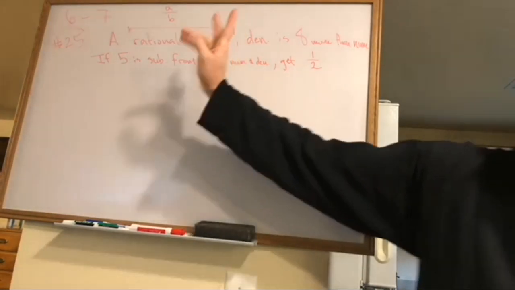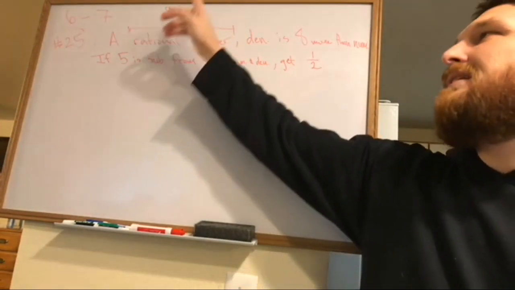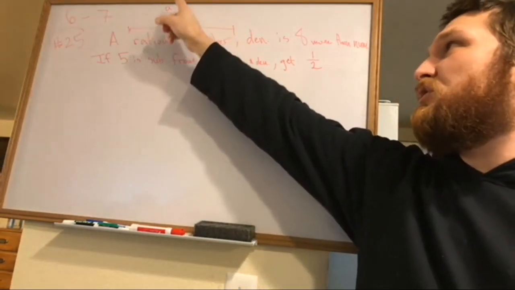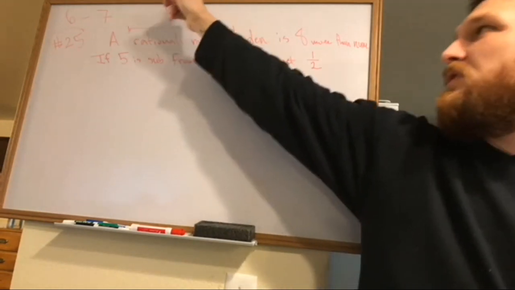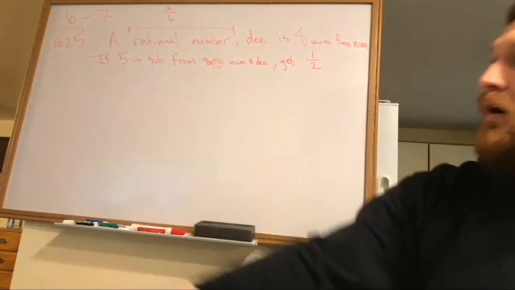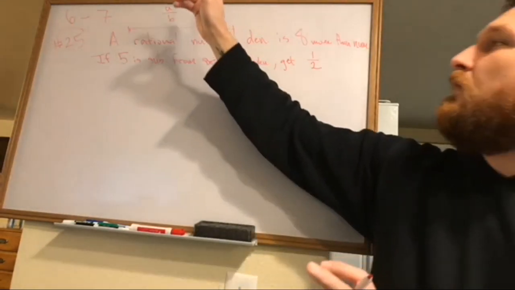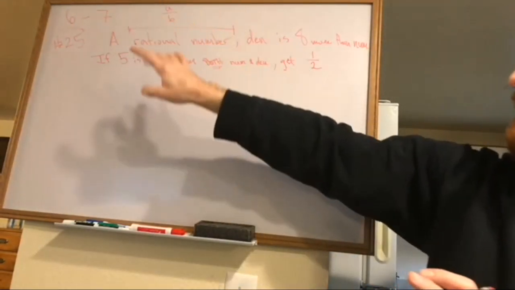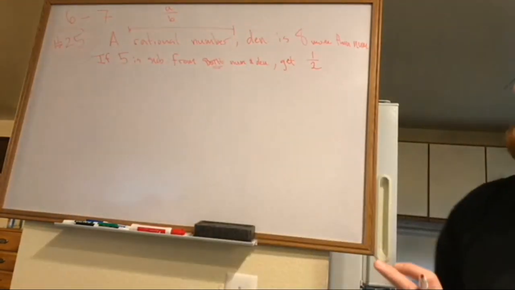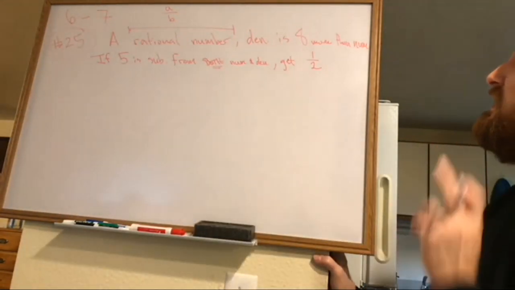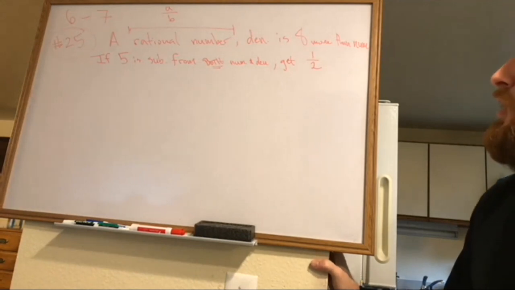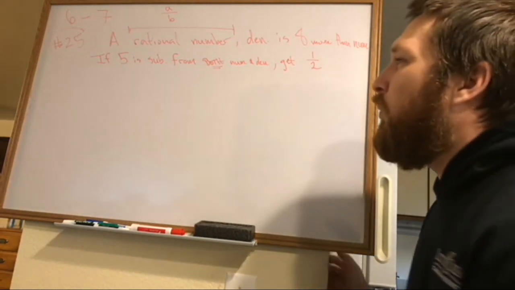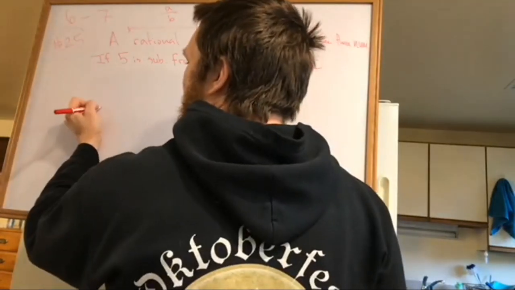I'm just taking the definition of what a rational number is. It's understood that those are both integers, right? That might be a -3 and a 7, or like a 13 and a 24. But those are two numbers, one over the other. So it says in a rational number, the denominator is 8 more than the numerator. So how am I going to write that?